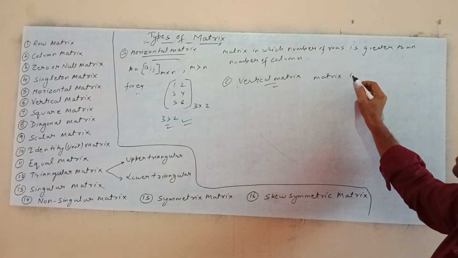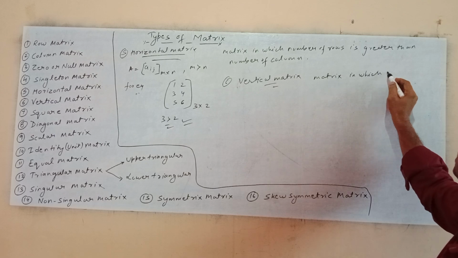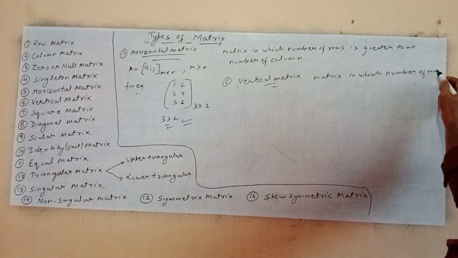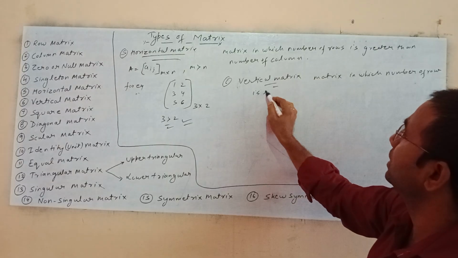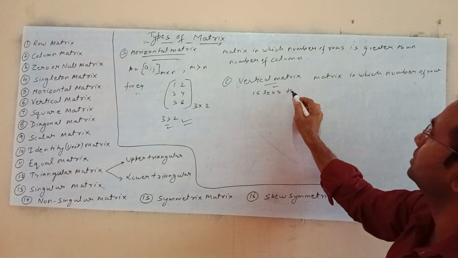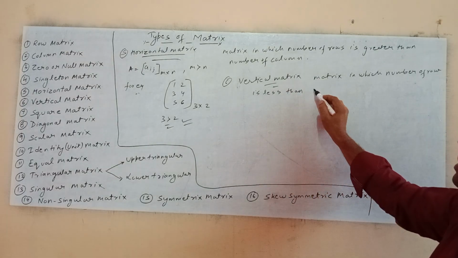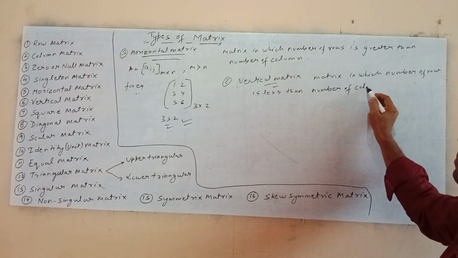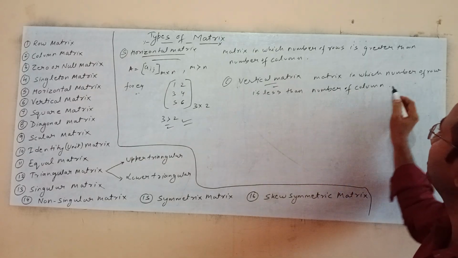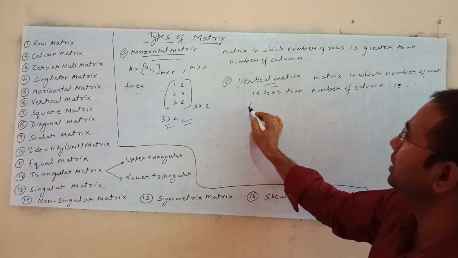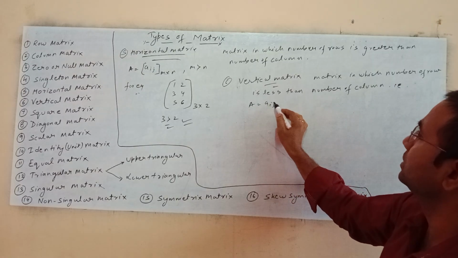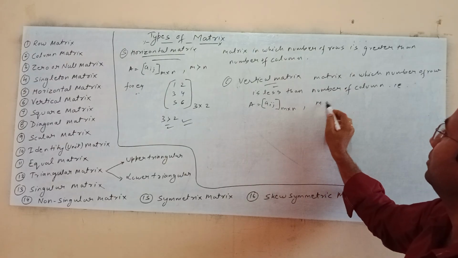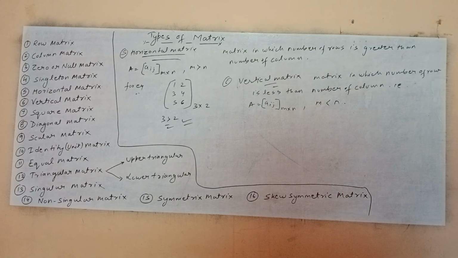It is a matrix in which the number of rows is less than the number of columns. That is, A = [Aij] of order m cross n, and m is less than n.